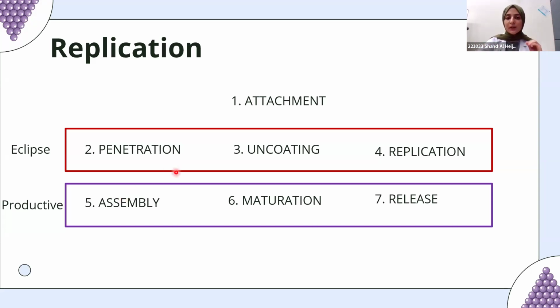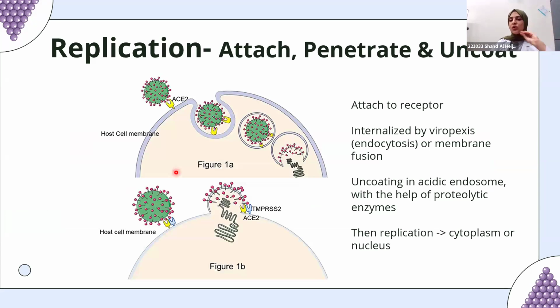Now we'll take them bit by bit. Let's start with attachment, penetration, and uncoating. Basically, the virus will attach to the receptor. It depends, different receptors for different viruses, as we mentioned earlier. Let's take this example. The virus will attach to the receptor, and now it will be internalized.